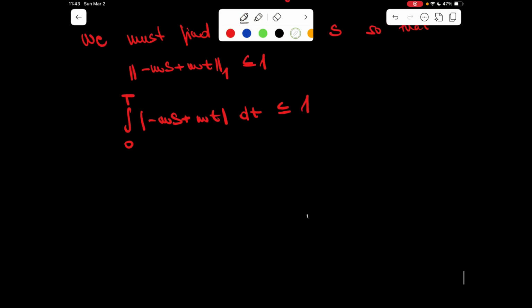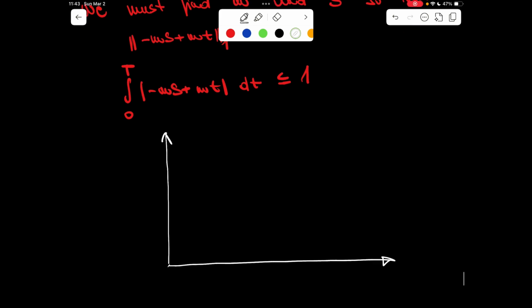So the function is the absolute value that we want to integrate. This is t, this is s. So on the one hand, we have a triangle here. We have a triangle here.